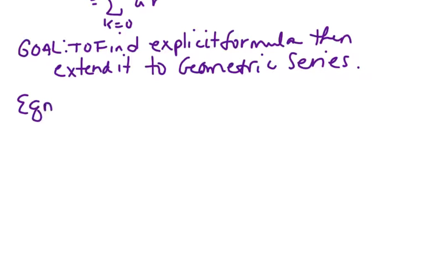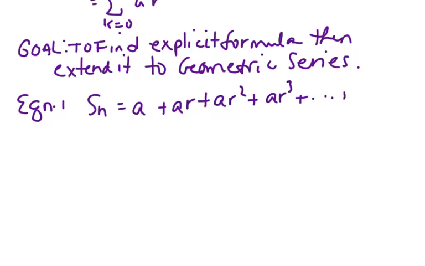So your first equation is your partial sum for the geometric, which is a plus ar plus ar squared plus ar cubed on out to ar^(n-1). So that's equation 1.